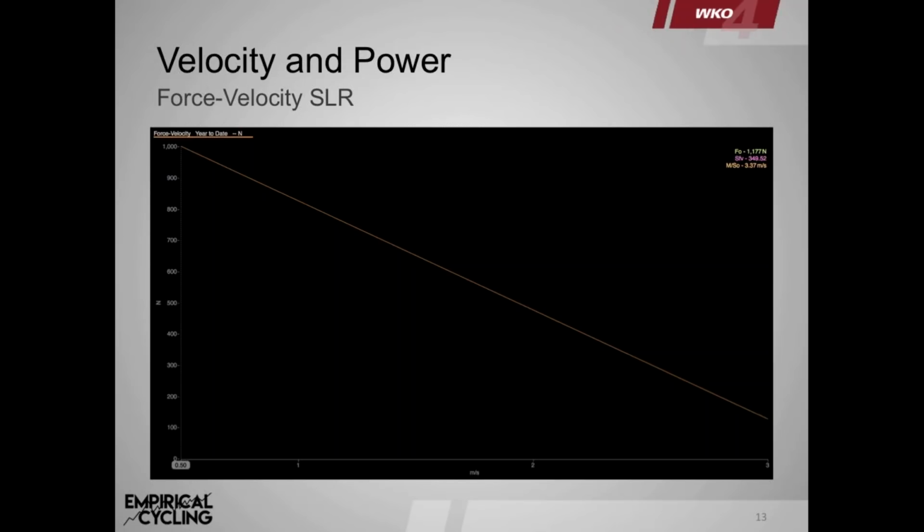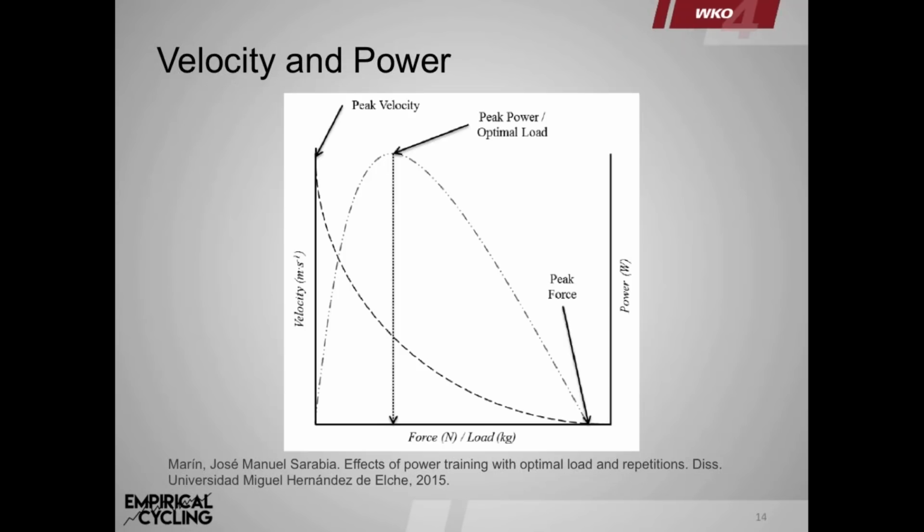So one of the implications of the force velocity curve is that if we multiply the two axes together, we multiply meters per second by newtons, we get newton meters per second, which are the constituent units of watts. So we can actually see a parabola form when we multiply the two axes together.